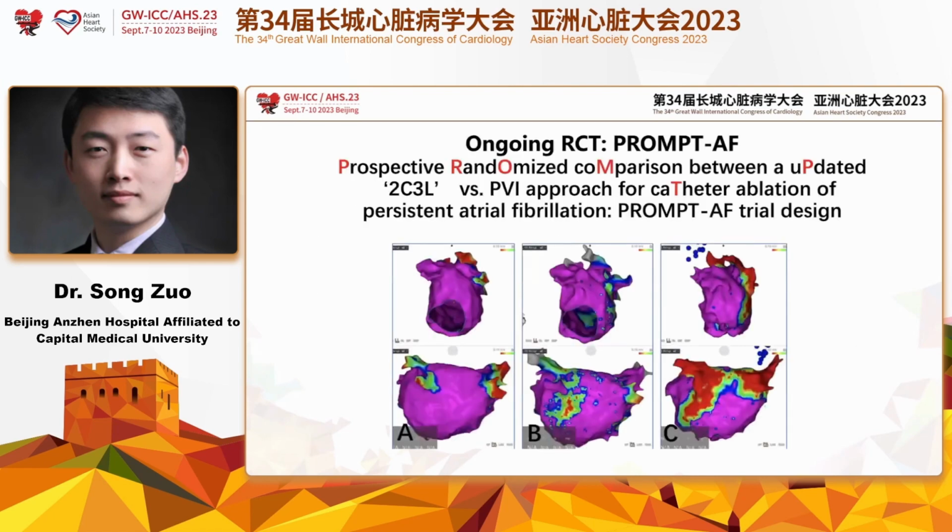Here is our center's ongoing RCT study about the comparison between an updated 2C3L versus a PVI approach for catheter ablation of persistent AF, with 1 year of follow-up.